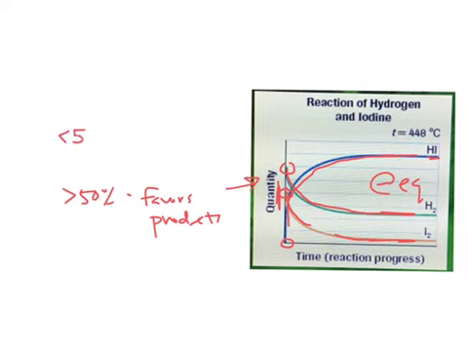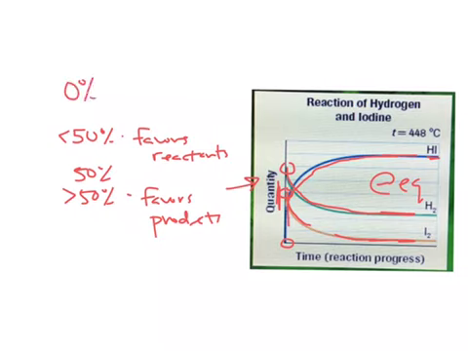Less than 50% means it hasn't gone a whole lot to the product side, so we say it favors the left-hand side, or what we call the reactants. And then sometimes you'll have equal amounts of reactants and products, and that would be your 50% reaction. 0%, if it doesn't react at all, if it stays just as reactants, then that's just a non-spontaneous reaction.